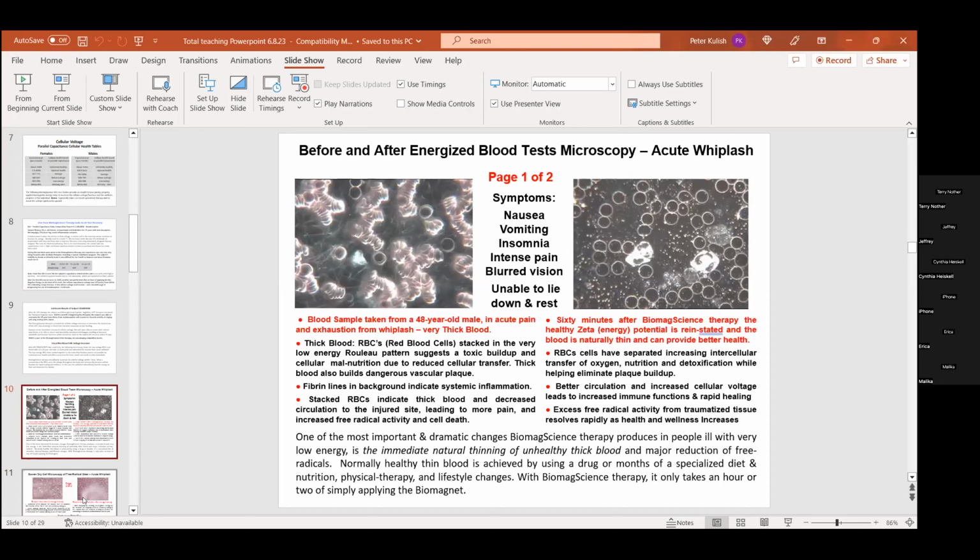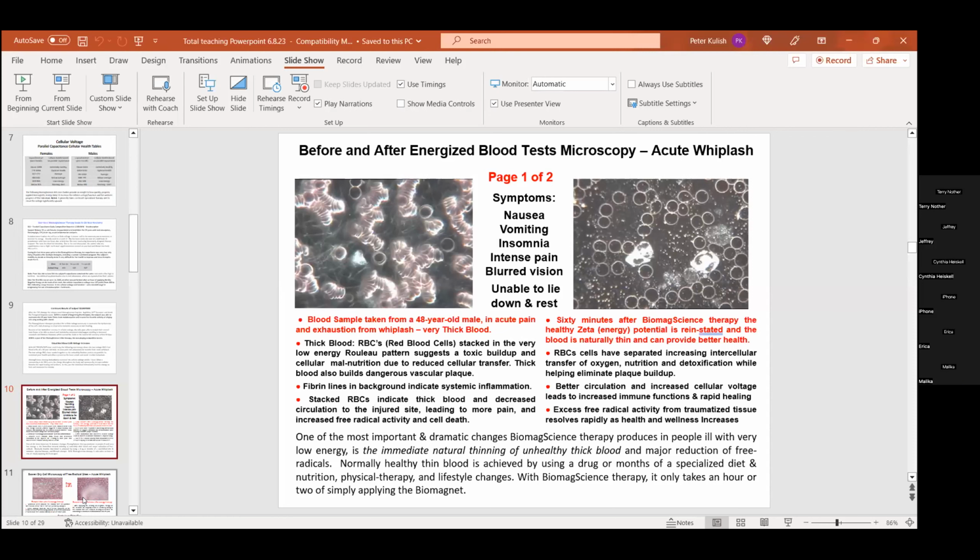Here's another case. This fellow had whiplash, and he couldn't lie down. He couldn't rest. He was just basically out of his mind. You see his blood work. These are dark field. Here's his blood work on the left, showing, I mean, when the blood work's like that, you know that the individual is really doing very poorly.